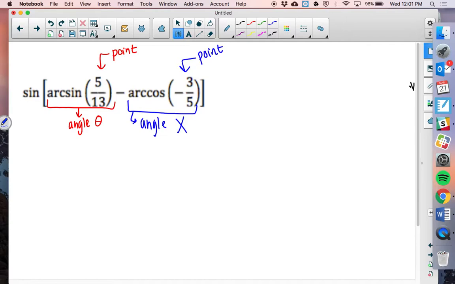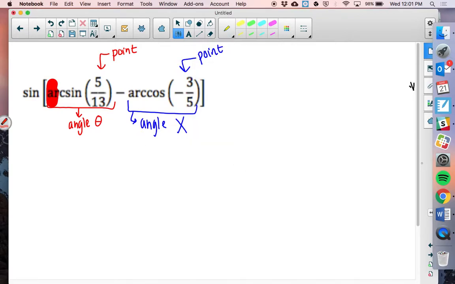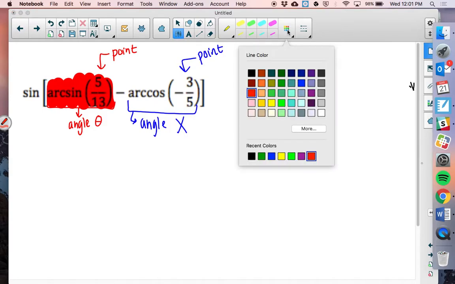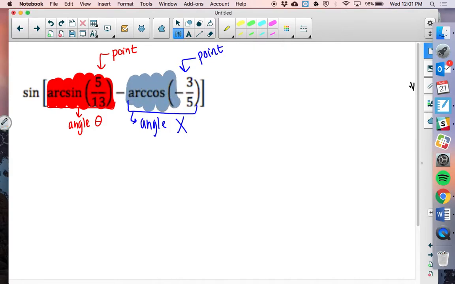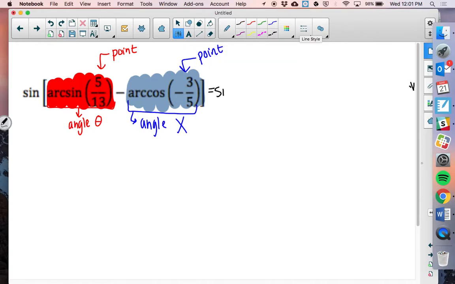So really what we're finding here is, let's change the color, this part is all theta, and this part here is all x. So what we're evaluating is sine of theta minus x.